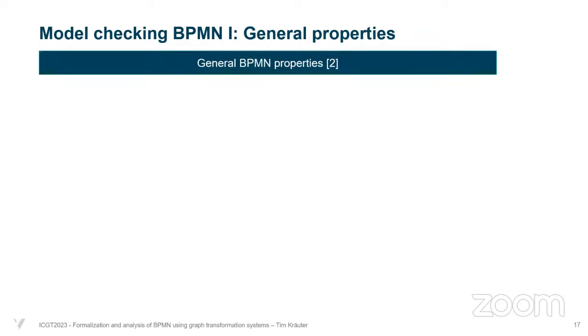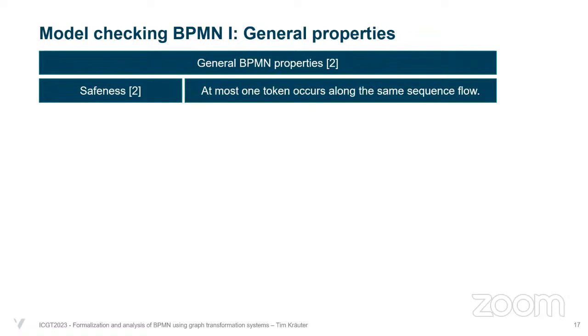The first kind of properties we want to check are the more general properties. These general properties come from Petri nets; they've been adapted a bit. The first one is the safeness property, which asks: are there more than 2 tokens on a sequence flow at any given point in time? That would be kind of fishy. The option to complete is the kind of termination I was talking about earlier.